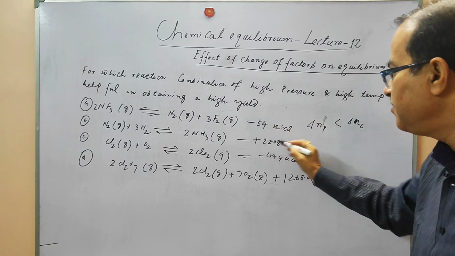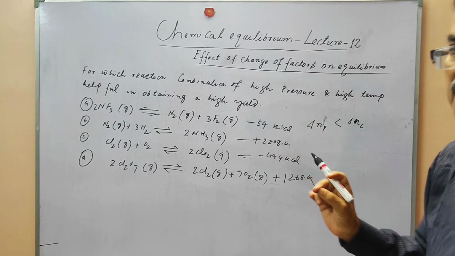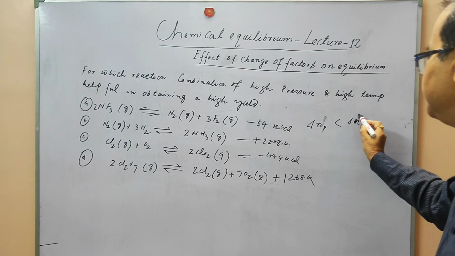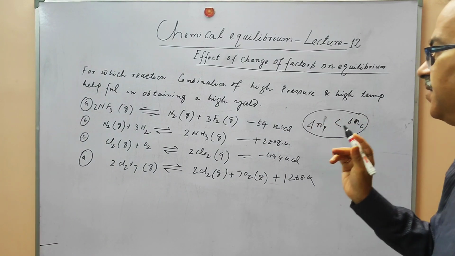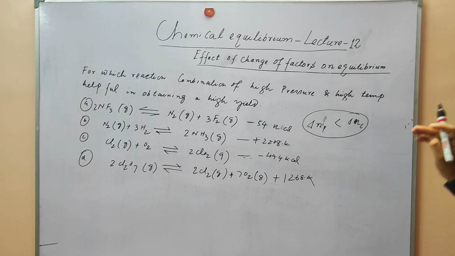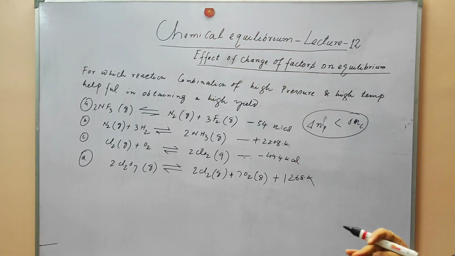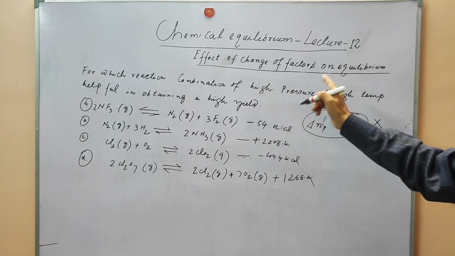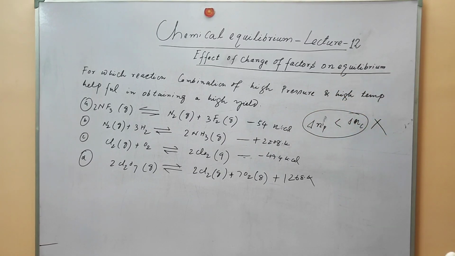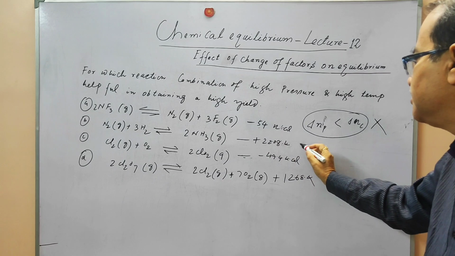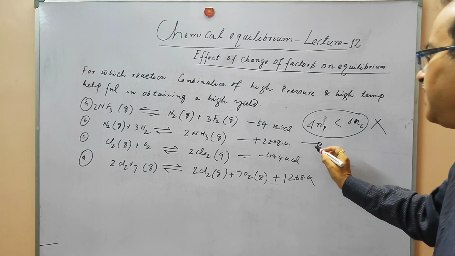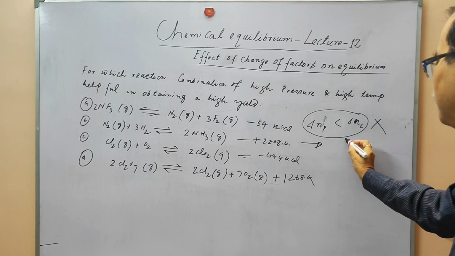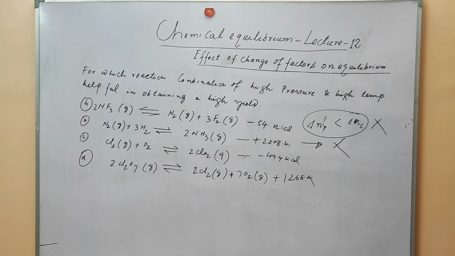It is endothermic, so high temperature will increase the equilibrium constant, but due to this factor, with high pressure the reaction will go in the reverse direction. So here you will not get high yields with high pressure and high temperature. Here also this is an exothermic reaction, so with an increase of temperature the yield will be low. This is also not possible.